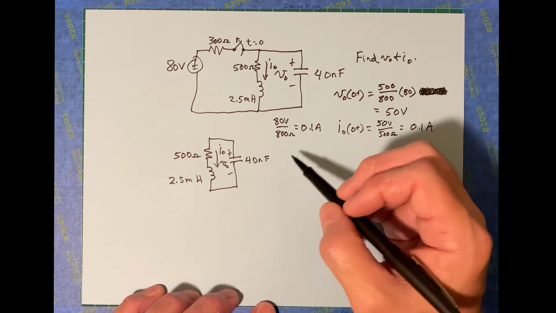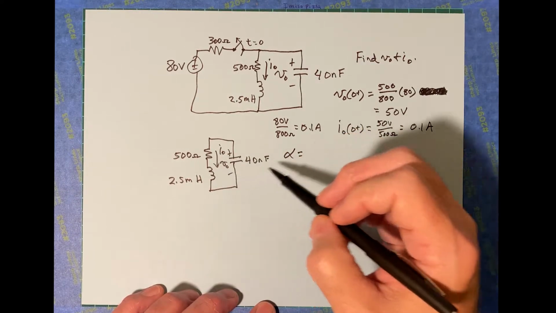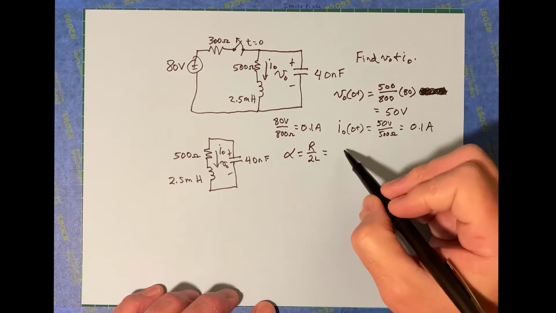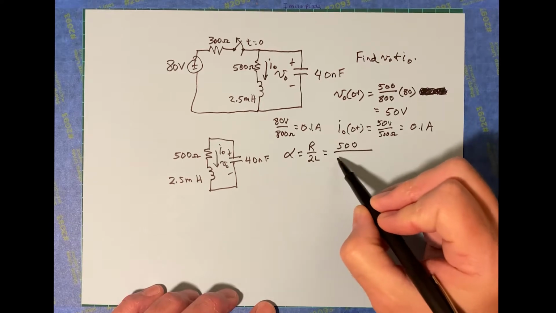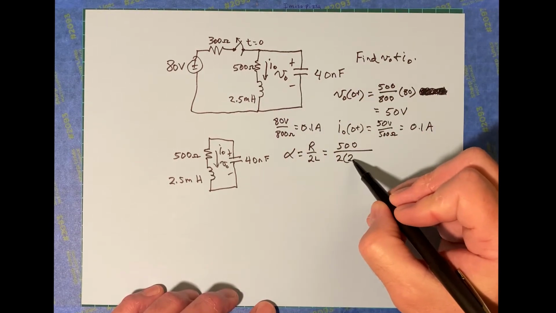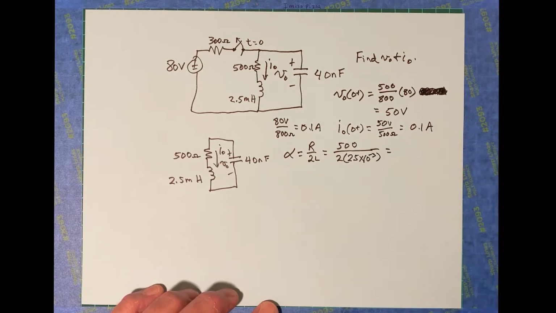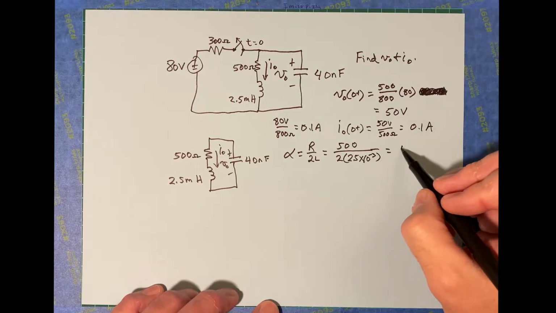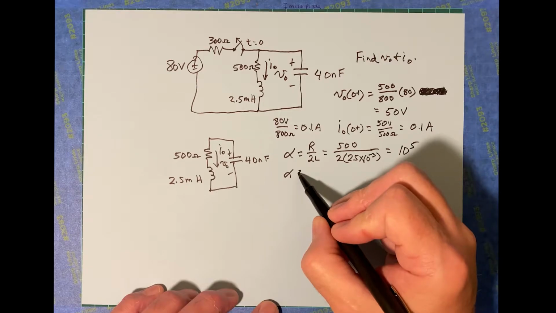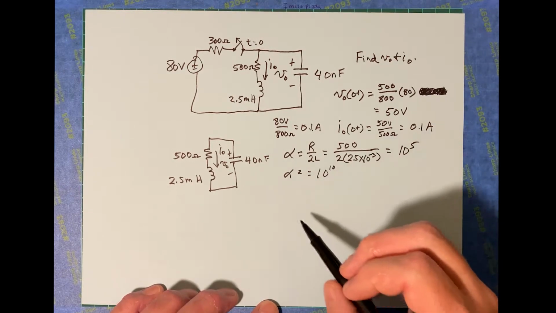Well, let's figure out which case we've got. Alpha, this is a series case, so this is going to be R over 2L, so it's going to be 500 over 2 times 2.5 times 10 to the negative 3. Do the calculation for that: 10 to the 5th. That makes alpha squared 10 to the 10th.